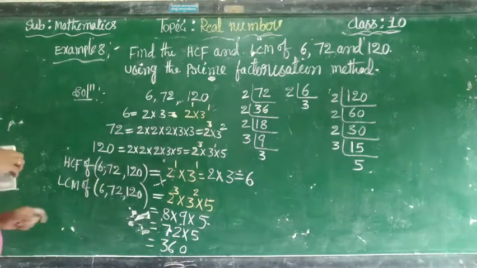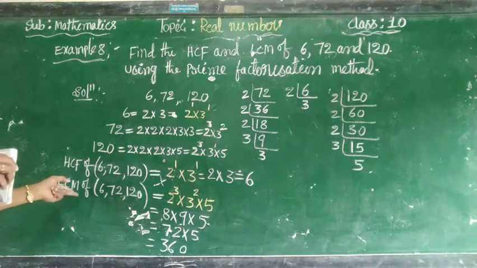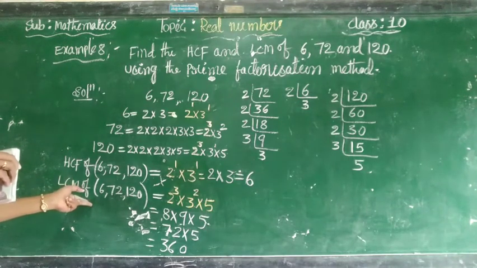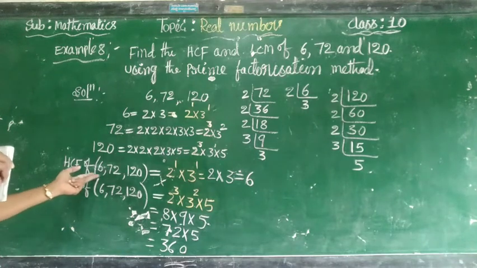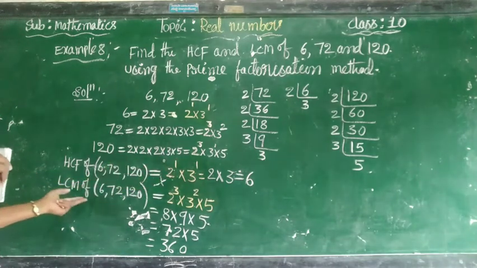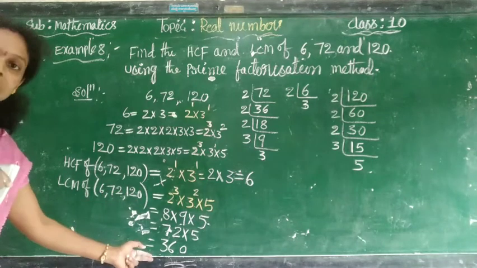So find the HCF and LCM of 6, 72 and 120 using the prime factorization method. The HCF of 6, 72, 120 is 6 and the LCM of 6, 72, 120 is 360.